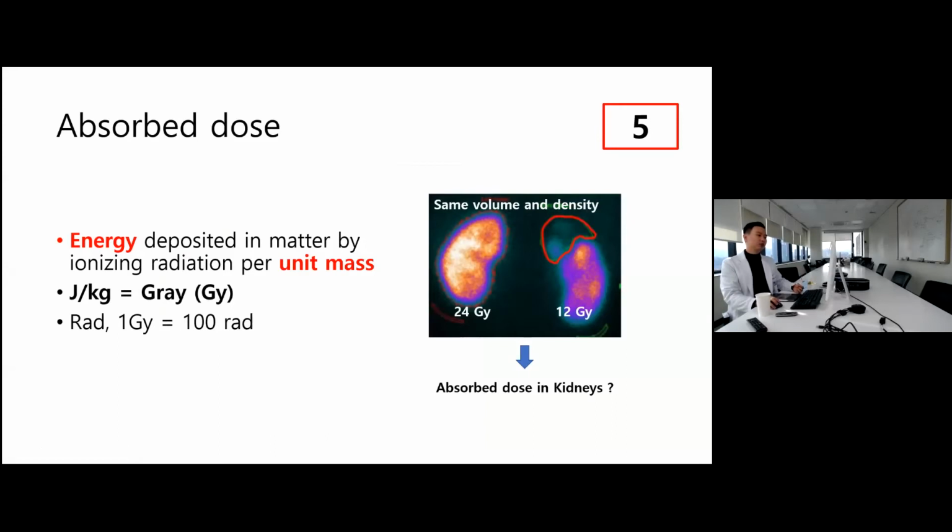As you can see, the kidney has 24 gray on the left side and 12 gray on the right side. So, a quick question: what might be the absorbed dose in the kidneys?